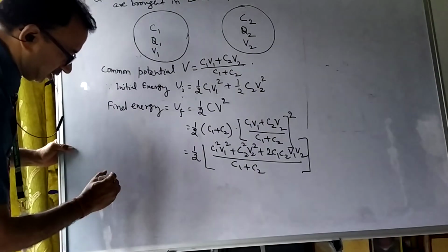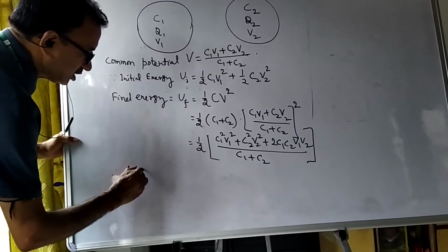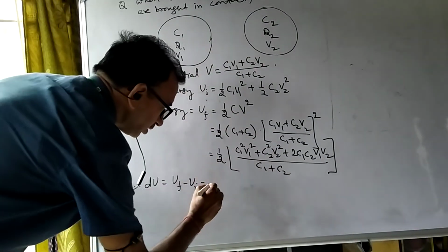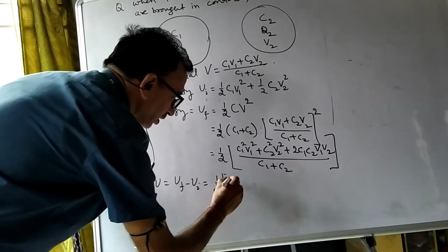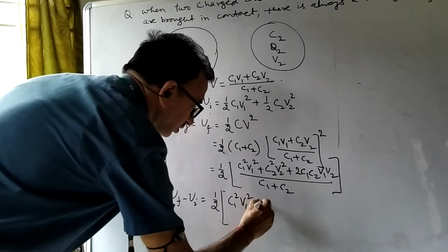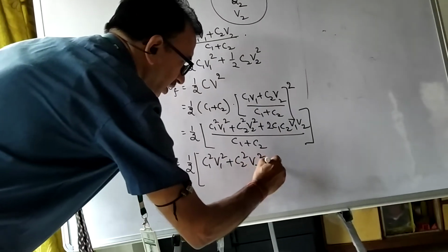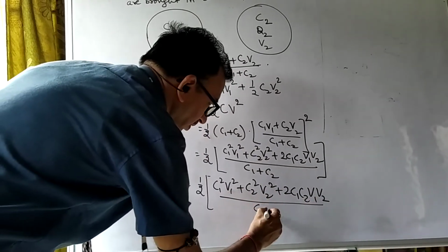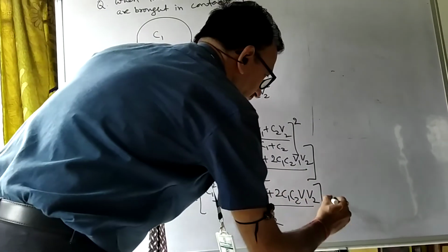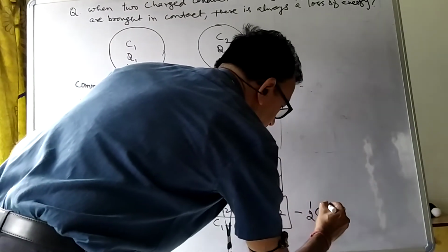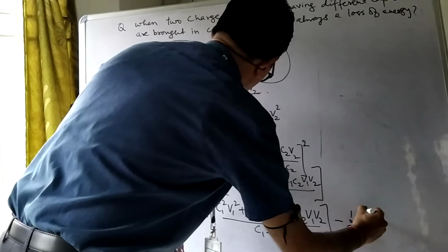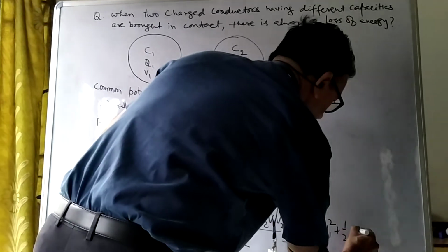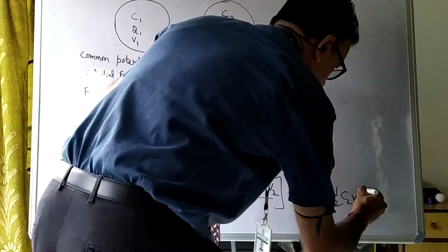This is your final energy. Therefore the change in energy, dU, is UF minus UI, which is half of that expression minus half C1 V1 square minus half C2 V2 square.